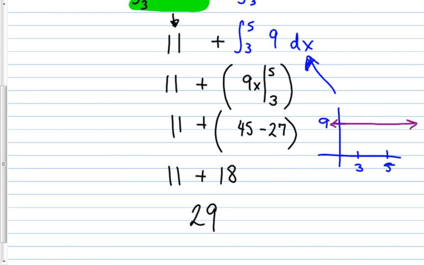They're basically asking for the area from here to here, which is a rectangle. It is 9 long. And let's see, 5 minus 3 is 2, right? And 2 wide, which has an area of 18, which is the same as I got here, right?